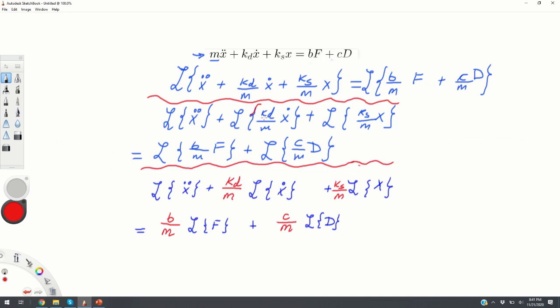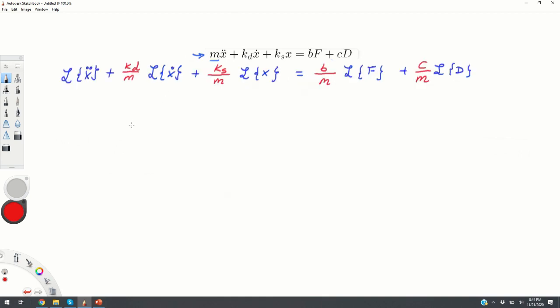So the Laplace transform of kd over m times x dot is nothing less than kd over m times the Laplace transform of x dot. Similarly, we obtain the Laplace transform of ks over m times x is equal to this term, and the other terms are obtained or transformed using the same principle.